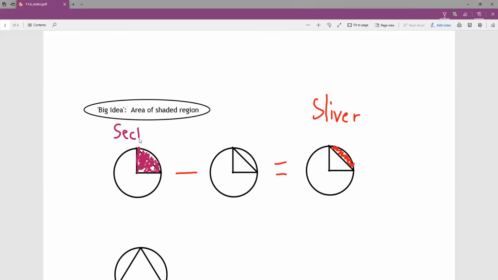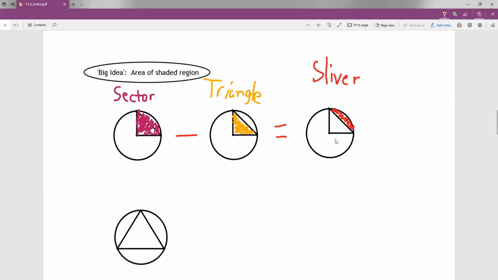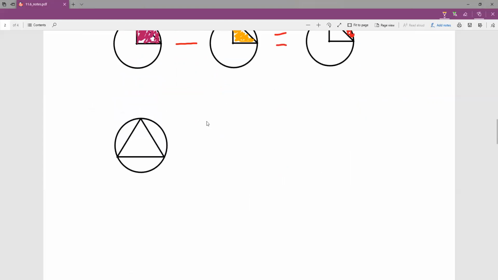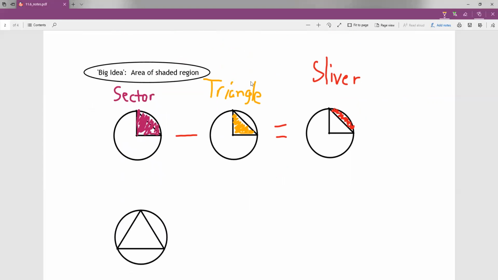So we have to find the area of the sector, and then we have to subtract out this little triangle thing. So we take the area of the sector, we subtract out the area of the triangle, and that's going to get us this little sliver area here. Okay. So that's going to come up today in our problems, and on your homework for that matter. So get used to that idea.